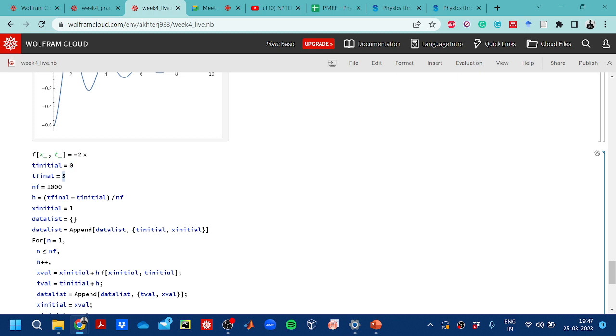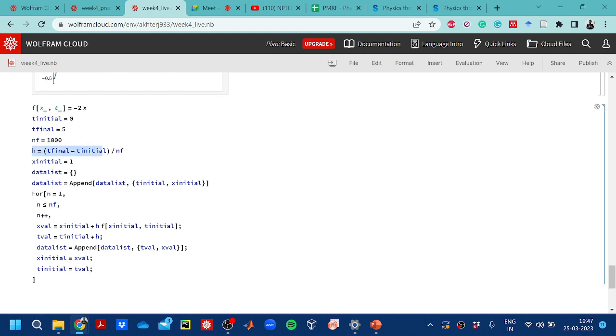We want to see how x changes. First we are taking 1,000 time intervals, so we are breaking this 5 second interval into 1,000 points. That is how we are defining our h: the final value minus initial value divided by the number of steps that we want to take.